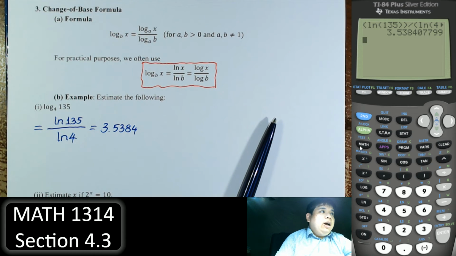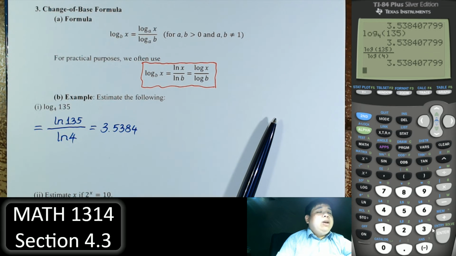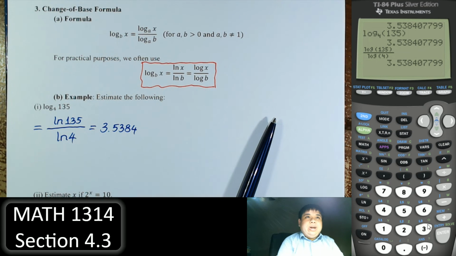If we do this directly, we should get the same thing. Or if we use log base 10, we should get the same thing. Either way, that's what we have.